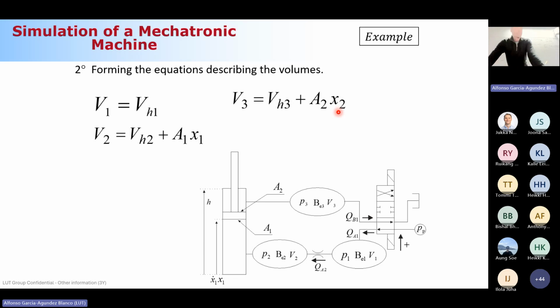I'm going to write the differential equation instead of using x1, x2, since x2 is related with x1 by this h, the total length. I'm going to consider that I have, instead of x2, h minus x1, okay? Clear? So if I write here h minus x1, you agree with me that the time derivative of that is minus H2 x1 dot, no? You understand that?